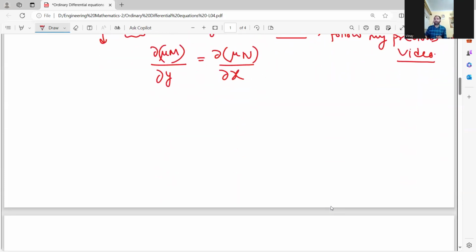Now, mu can be a function of x and y. It can be a function of x and y both, or alone. So you apply the product rule here. So it could be mu del M by del y plus M, right? Del mu by del y, right?